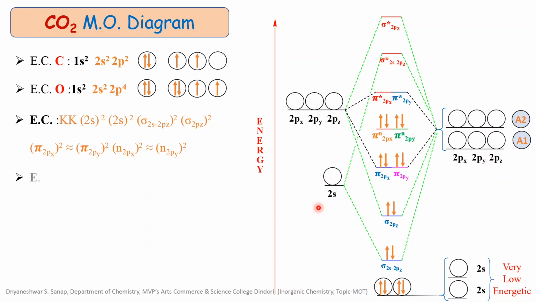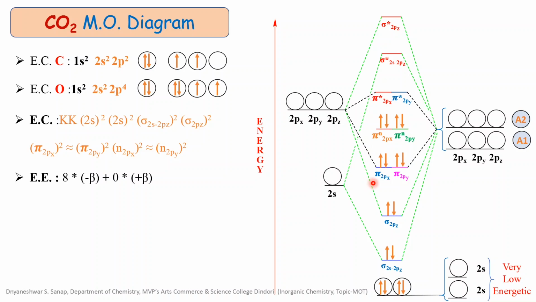The next important point is calculation of energy during the formation of the molecule. Basically, energy is calculated by using the formula: number of electrons in bonding molecular orbitals into minus beta plus number of electrons in antibonding molecular orbitals into plus beta. Let us put in the values.